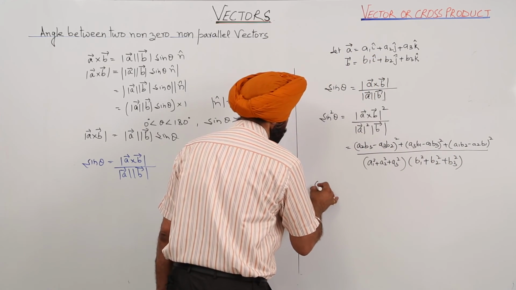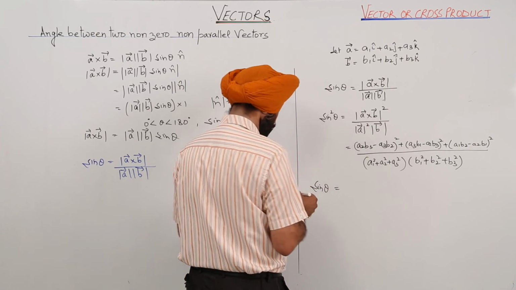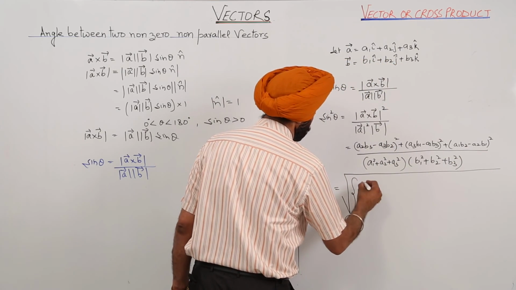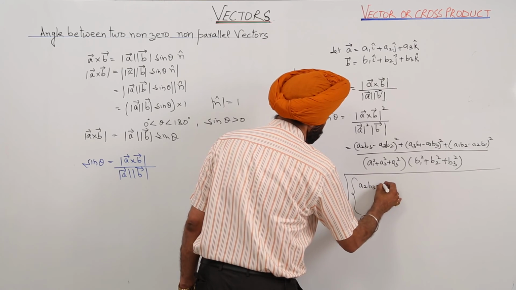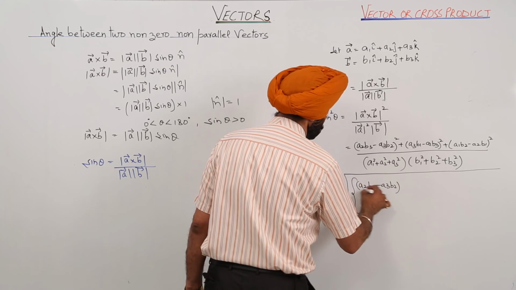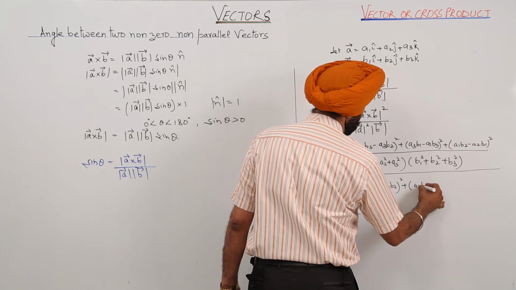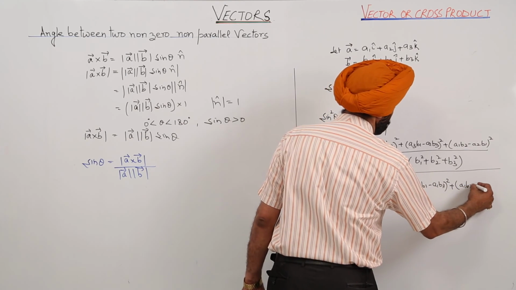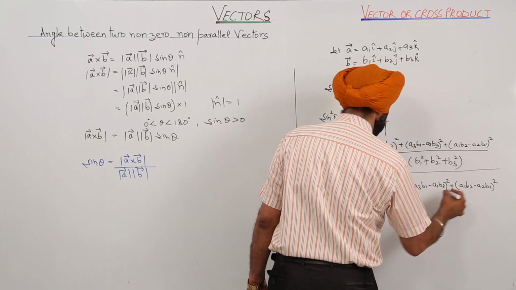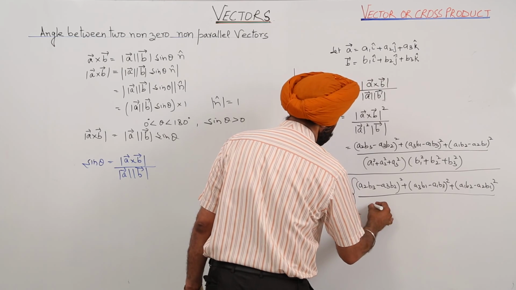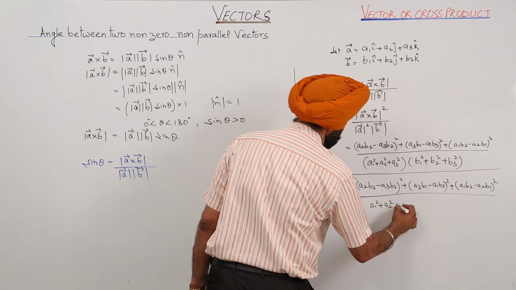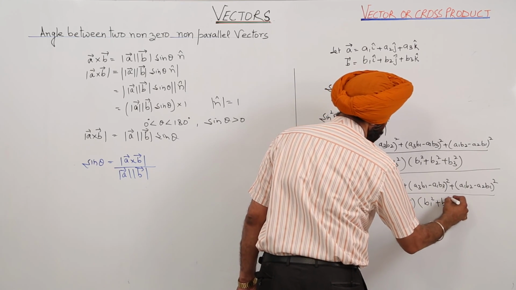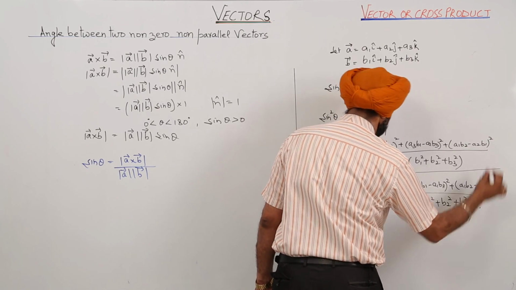Now sin theta is equal to square root of A2 B3 minus A3 B2 whole square plus A3 B1 minus A1 B3 whole square plus A1 B2 minus A2 B1 whole square upon A1 square plus A2 square plus A3 square, B1 square plus B2 square plus B3 square.